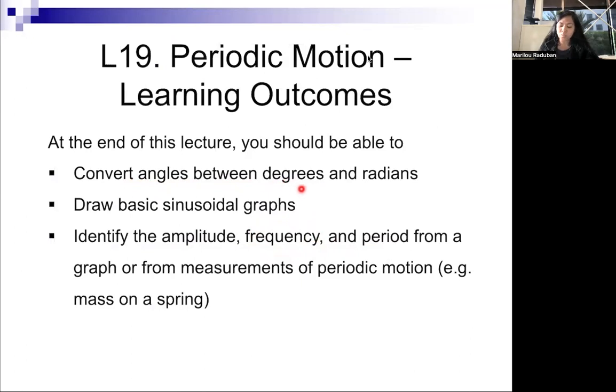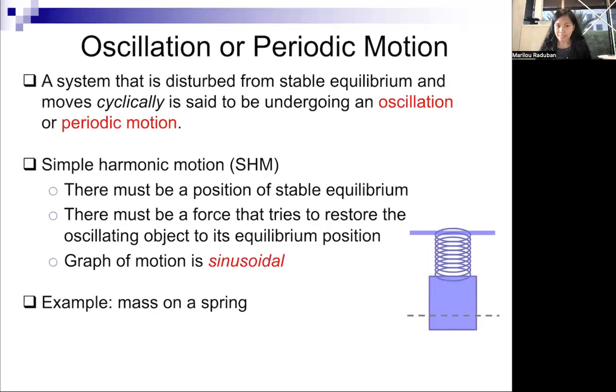We'll talk about degrees and radians. So the angle can be measured in terms of degrees and radians. And in this lecture, we will distinguish between the two. We will differentiate and convert the angles between degrees and radians and vice versa. All right, cool.